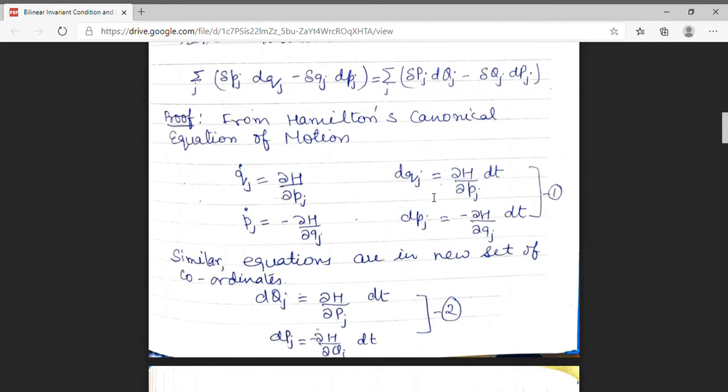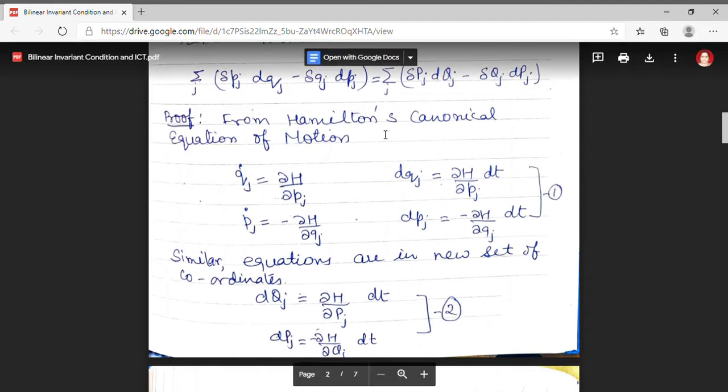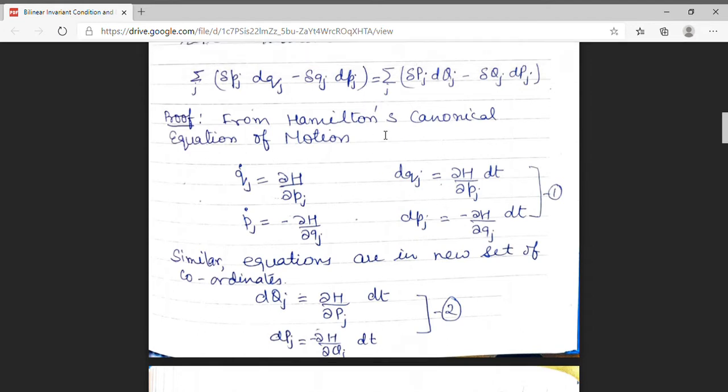We know that Hamiltonian canonical equations of motion remain invariant under canonical transformation. This means the form of expression in old and new sets will remain the same.